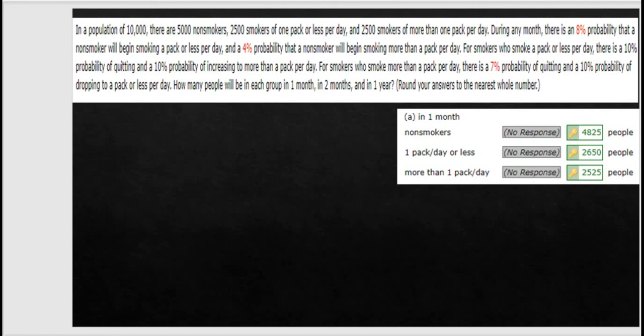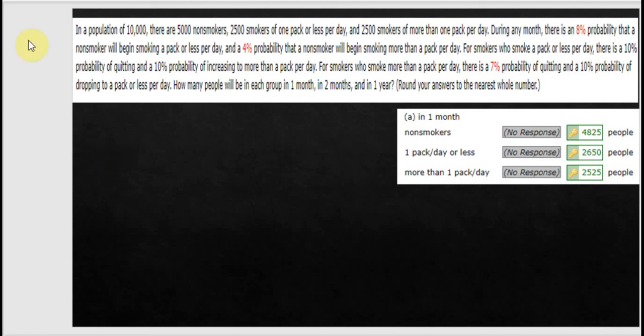Okay, we get to that. It looks like we have 3 sets. We have the set of the non-smokers, then we have a set of the smokers who smoke 1 pack or less a day, and then you have the set that smoke more than 1 pack.